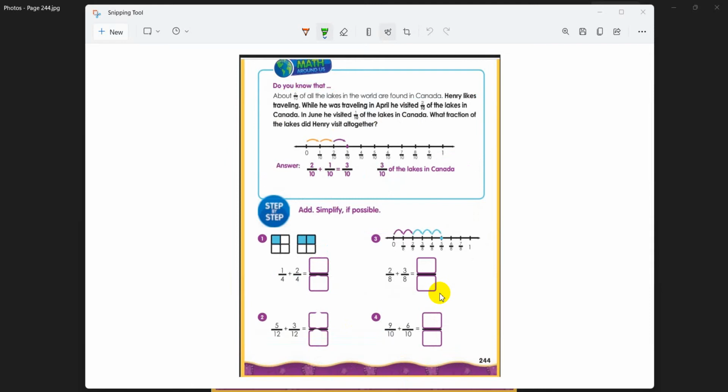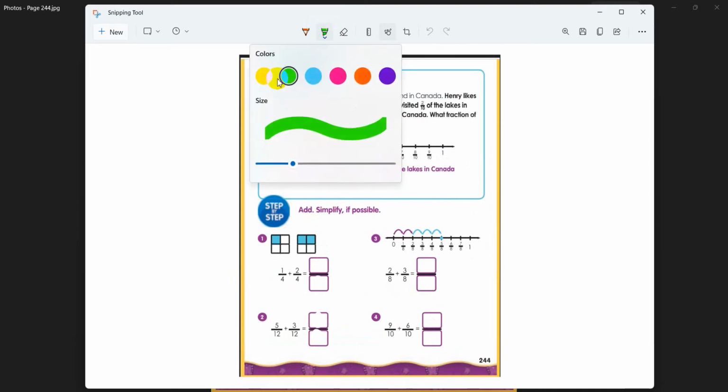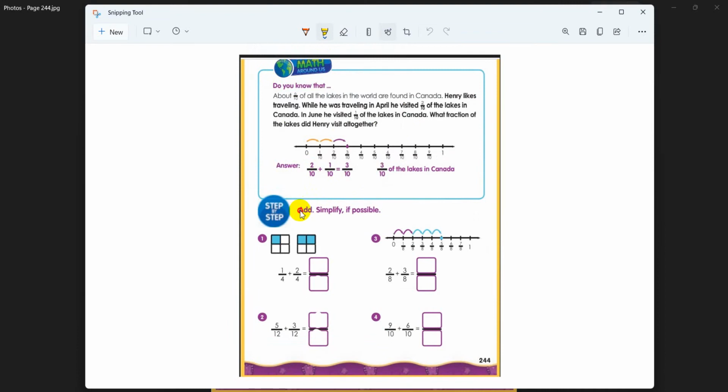Now we turn to page 244 to solve the exercise step by step. Let's read the title of the exercise: add, simplify if possible.